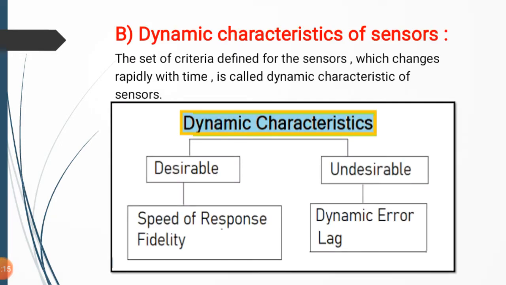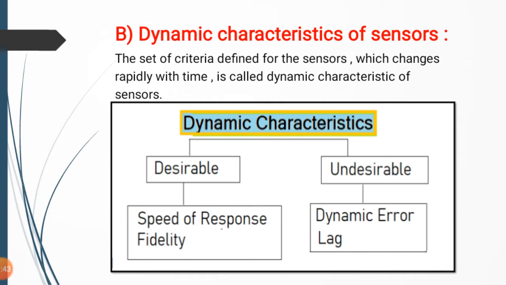Second type is the dynamic characteristics of the sensors. Dynamic characteristics is defined as the set of criteria defined for the sensors which changes rapidly with time. It's called dynamic characteristics of the sensor. We know that the static characteristics do not change or vary with time, so the name indicates that these are static characteristics.